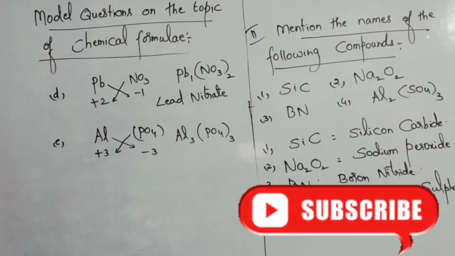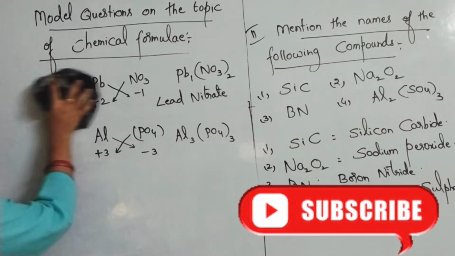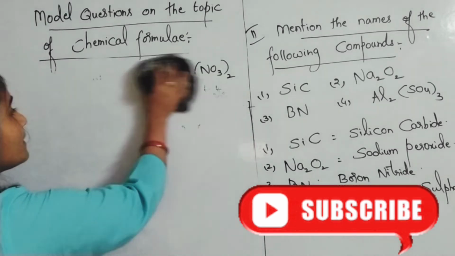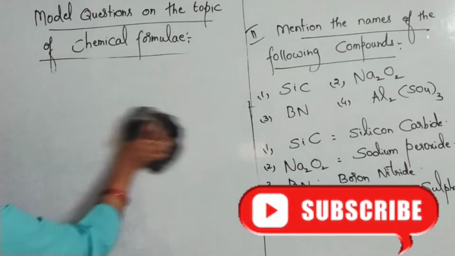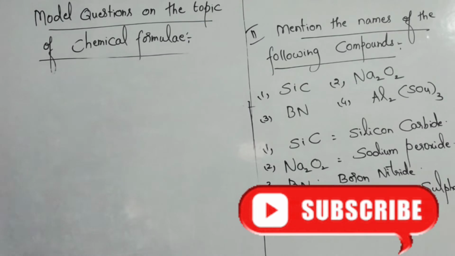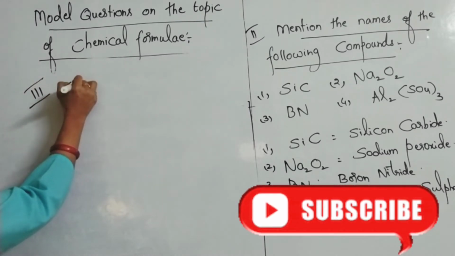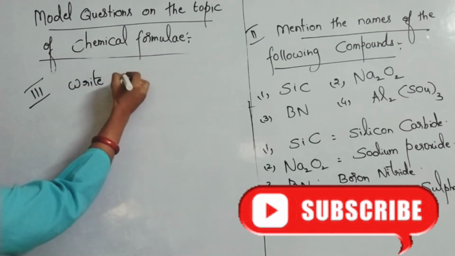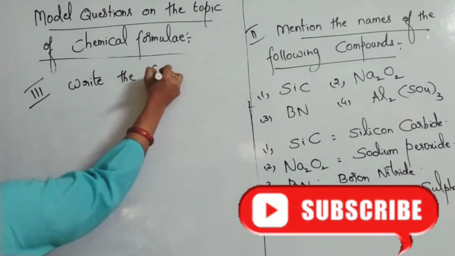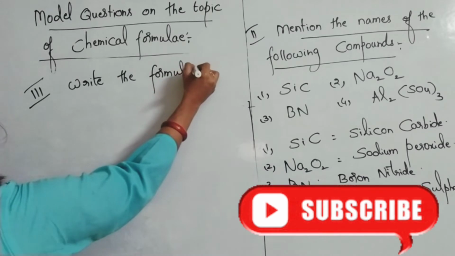Now we'll see question number 3. Write the formula of the following compounds. Compound name is given, we are asked to write the formula.